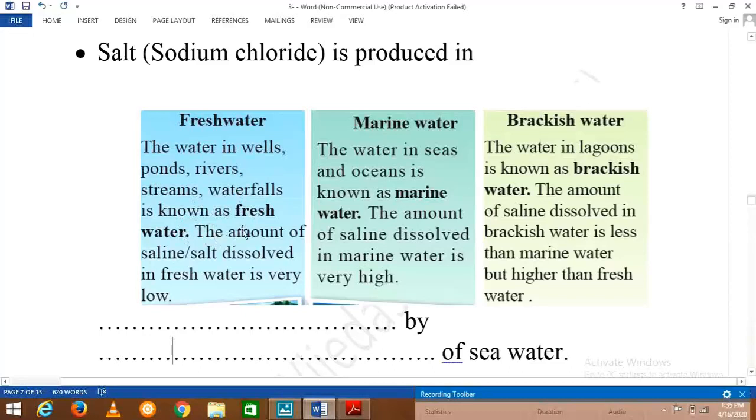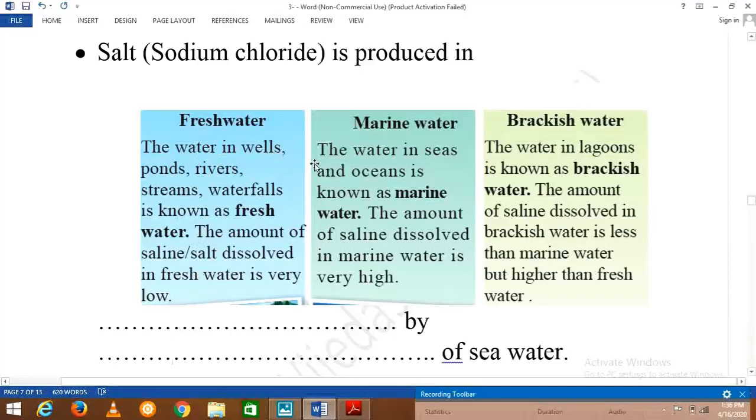The amount of saline or salt dissolved in fresh water is very low. The water we consume, the water taken from a well, river or a pond or a stream or a waterfall, there is no salinity there. The reason is the amount of salts dissolved in that fresh water is very low.